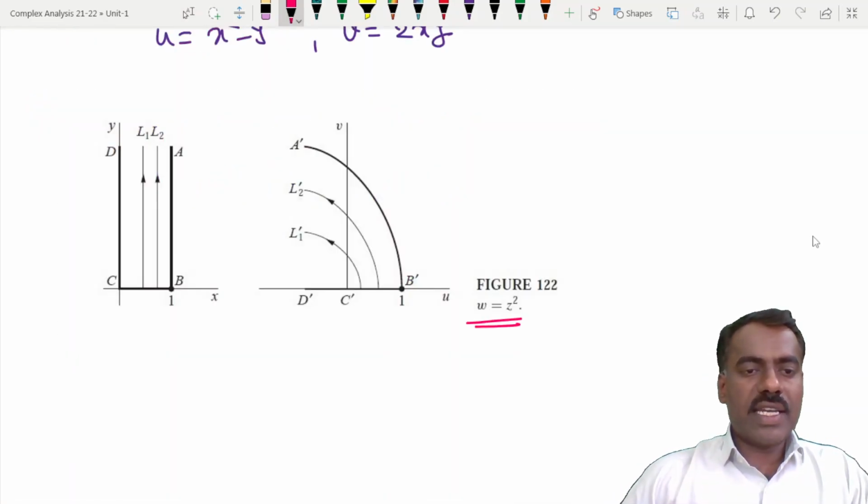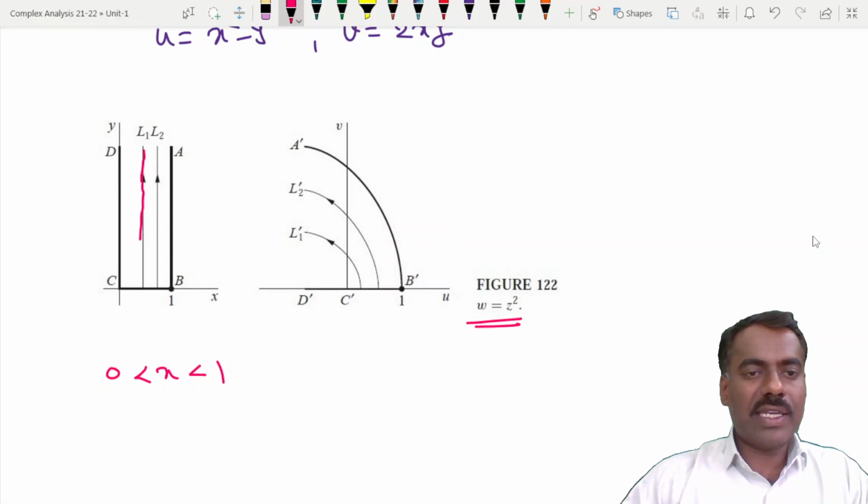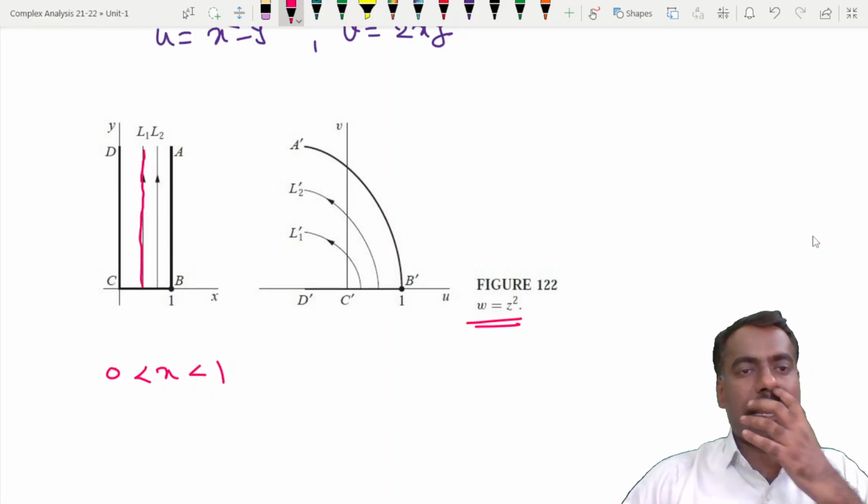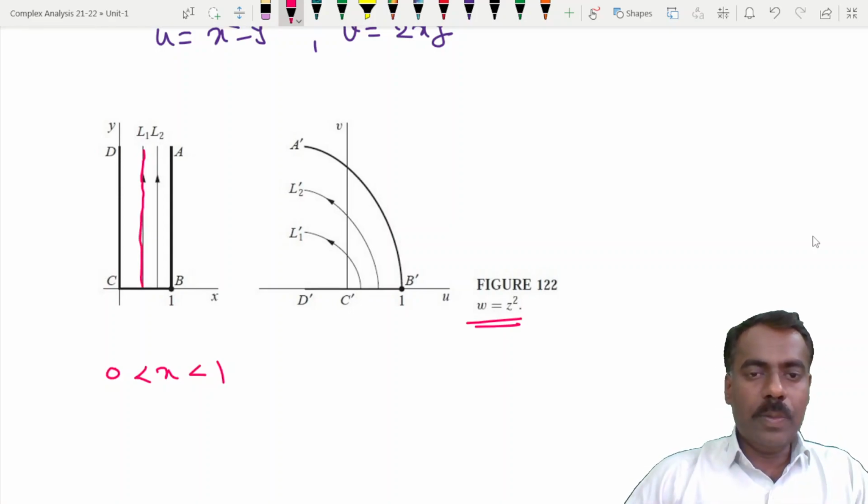Now consider, suppose our x value is between 0 and 1. That means you take this line L1 for example, where x1 is fixed and y1 is varying. If we consider this line, you can check that it will be mapping to here.